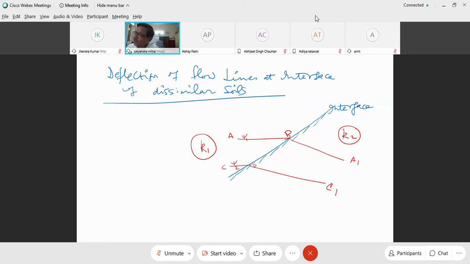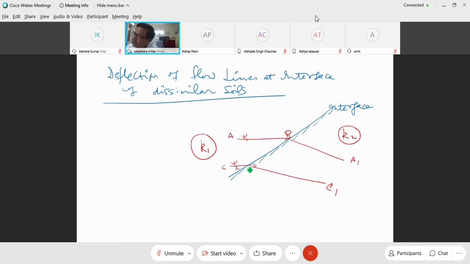Now, if flow lines are there, then obviously there will be equipotential lines also. And as per the rule, equipotential lines have to be almost perpendicular to these.